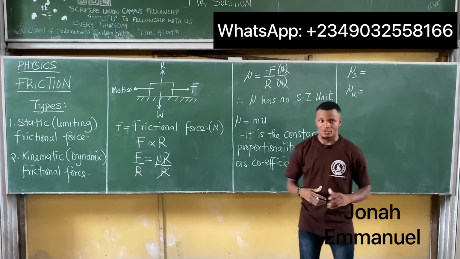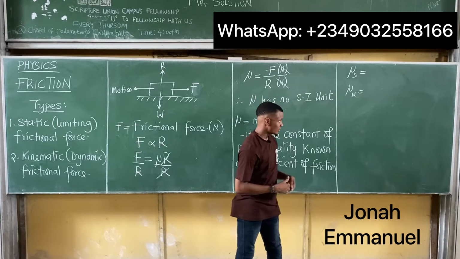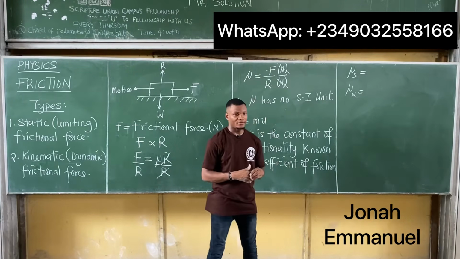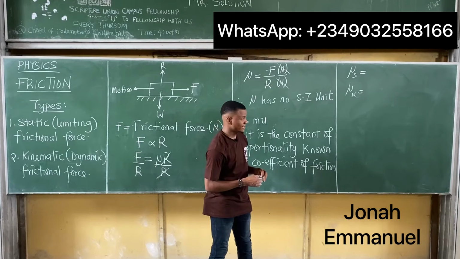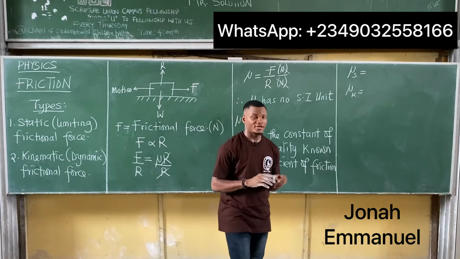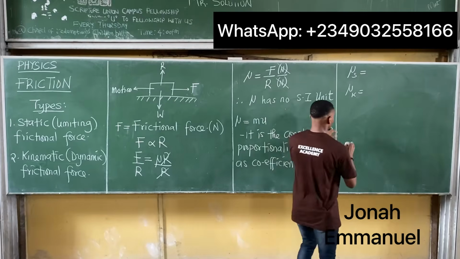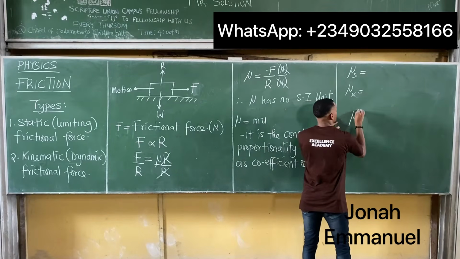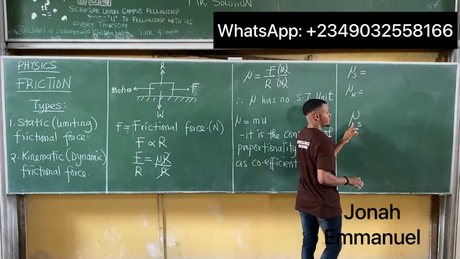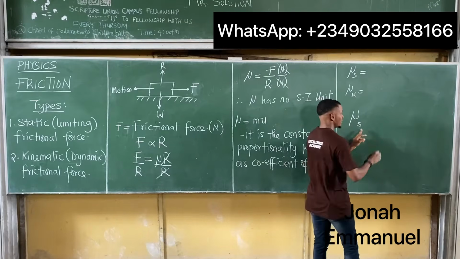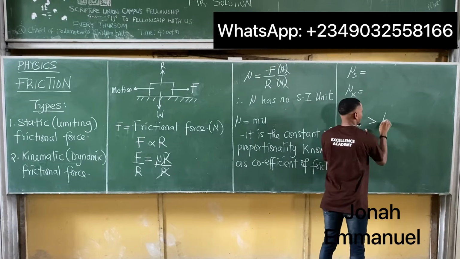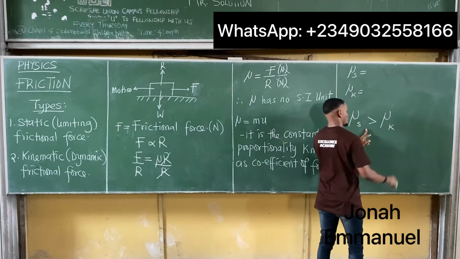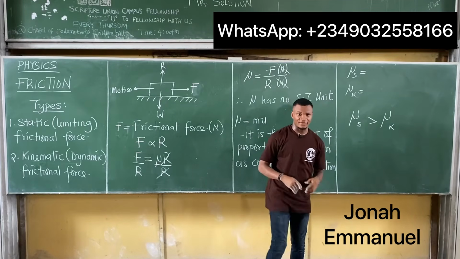We use this concept in solving some examples. But before then, it is important that you know that the value of the coefficient of static friction is greater than the value of the coefficient of kinematic friction.